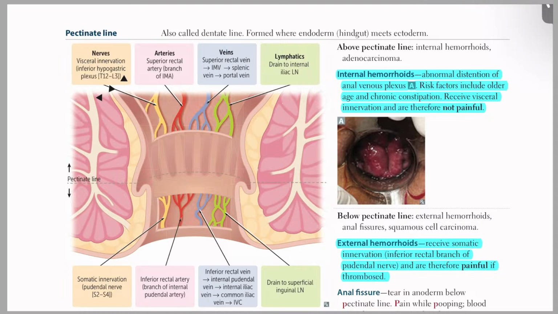Arteries: superior rectal artery, branch of IMA. Veins: superior rectal vein, IMV, splenic vein, portal vein. Lymphatics drain to internal iliac lymph nodes.